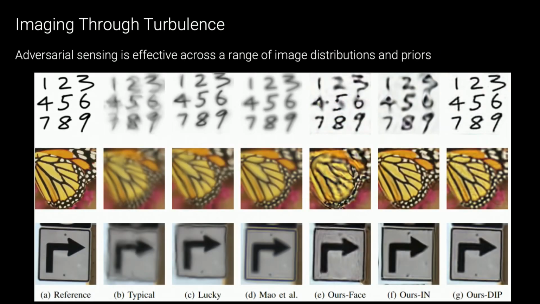Somewhat surprisingly, it works well even if you don't have strong priors about the distribution of the images. We had the face images before, where we had an incredibly powerful prior, but you can apply it to natural images as well, and you can also incorporate different priors about the distribution of the image in the form of different structure of the deep generative model.